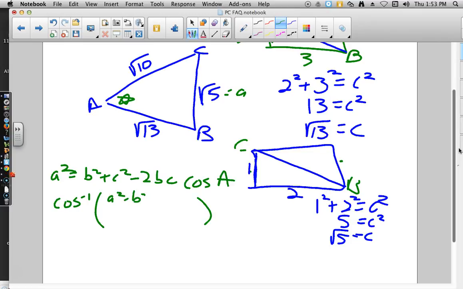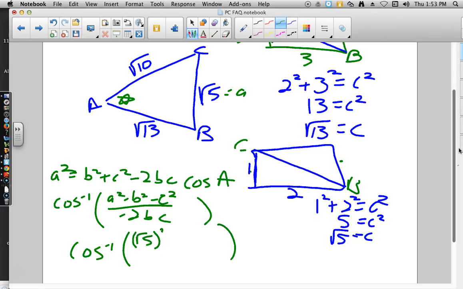So A squared minus B squared minus C squared over negative 2BC. So the inverse cosine of the square root of 5 squared minus the square root of 10 squared minus the square root of 13 squared all over negative 2 times the square root of 10 times the square root of 13.